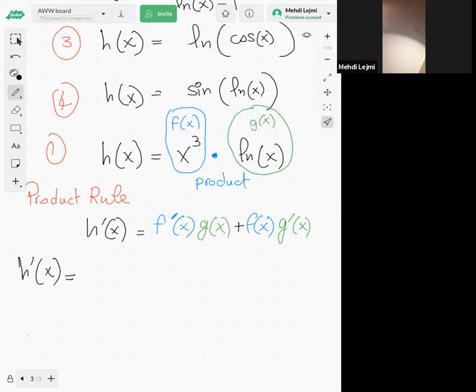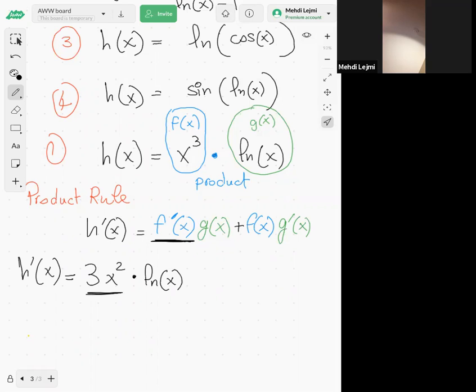F of x is x cubed, so for f prime of x you bring down the power, 3, times x, and subtract 1 from the power, so it's squared. So f prime of x is 3x squared, times g of x, the natural log of x.